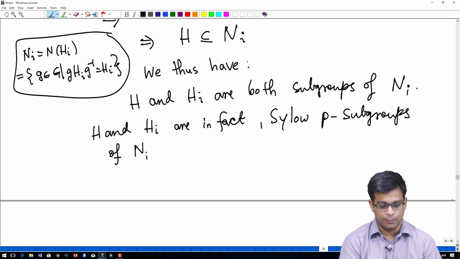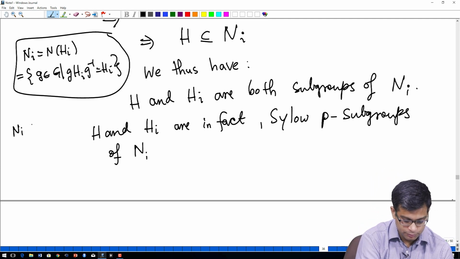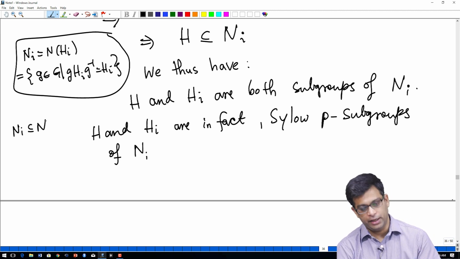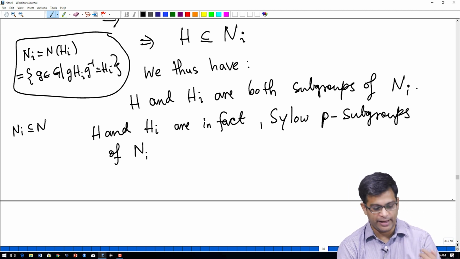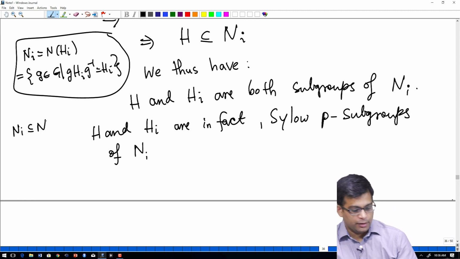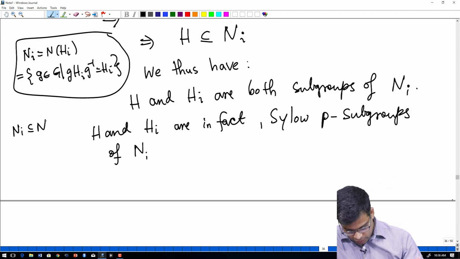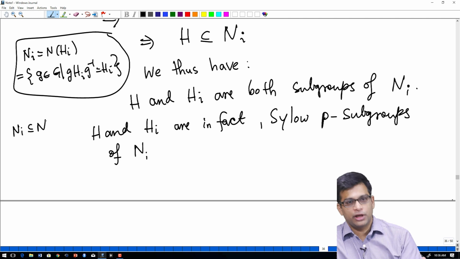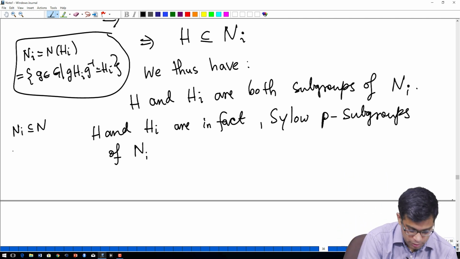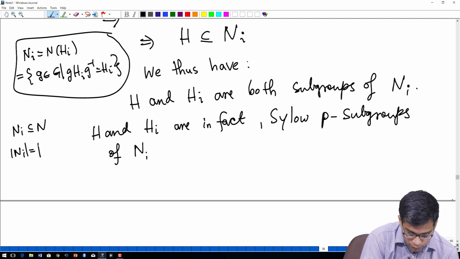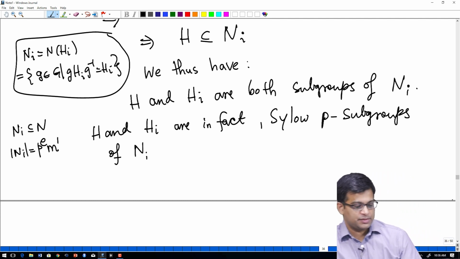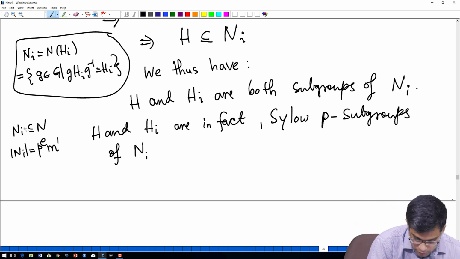Remember, N_i is a subgroup of N. So, the order of N_i divides the order of N. So, the largest power of P that appears in N_i cannot be more than E. So in fact what we have is also that the order of N_i is P^E times m prime, because remember what we have is H_i is contained in N_i contained in G.